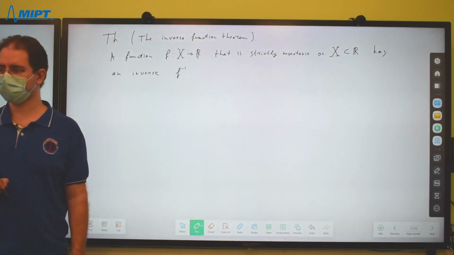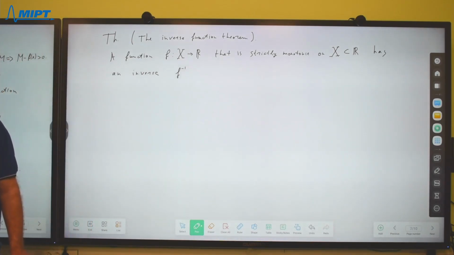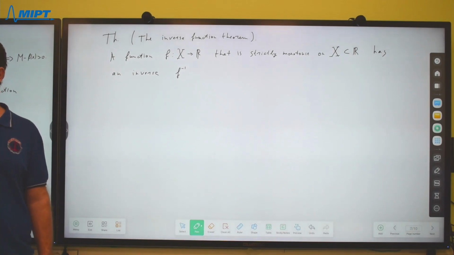This is not 1 divided by f, this is the inverse function, like sine and arcsine, or cubic root and x to the power 3.